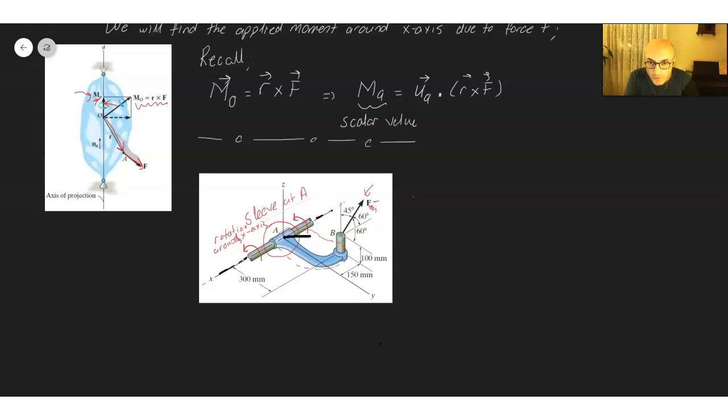So how about finding a position vector r_AB, and then this force vector F? Then I can find the moment around point A, which will be equal to r_AB cross product force F.